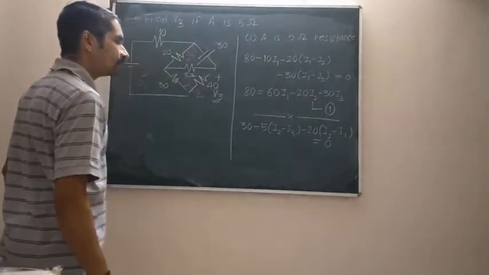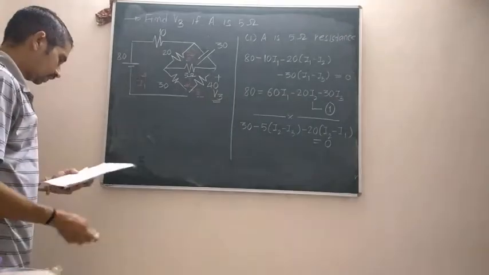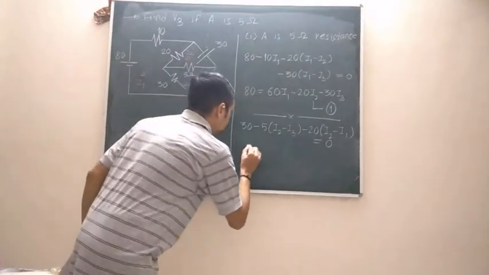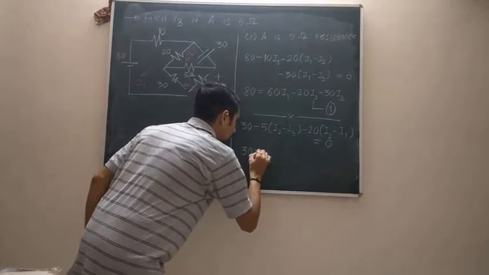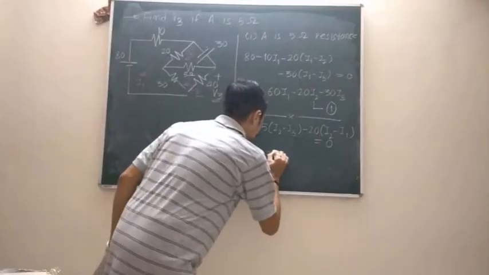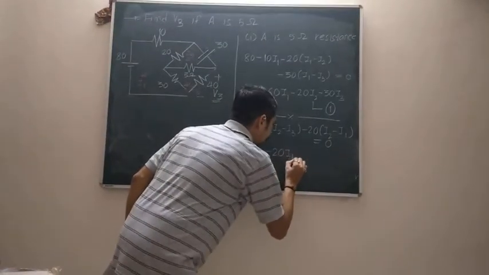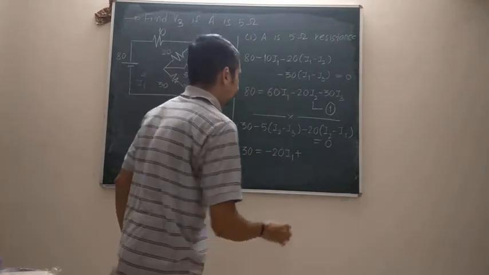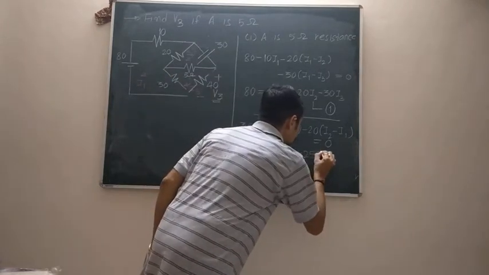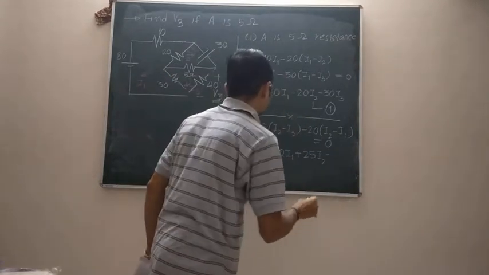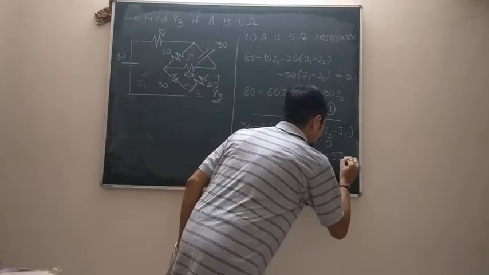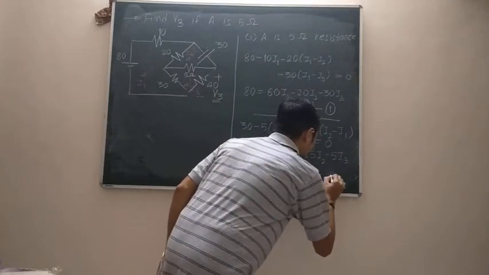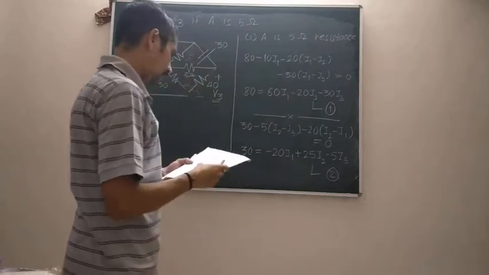So again, I will request you to simplify this equation further. If you do that, you will get 30 is equal to minus 20I1 plus 25I2 minus 5I3, and this I will call equation number 2.